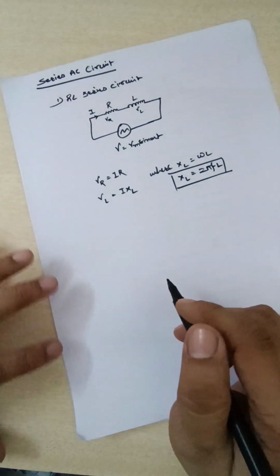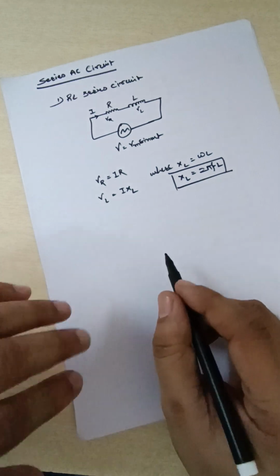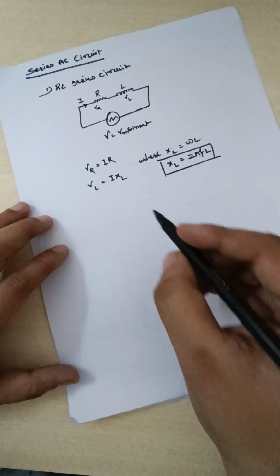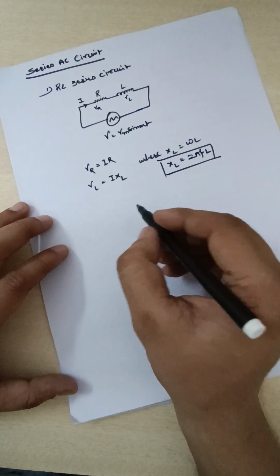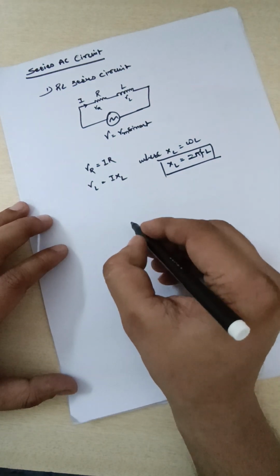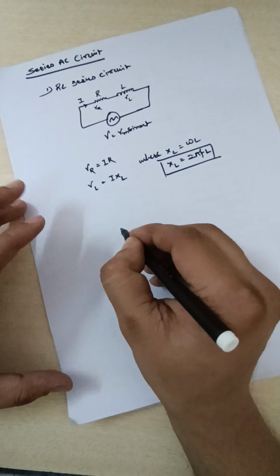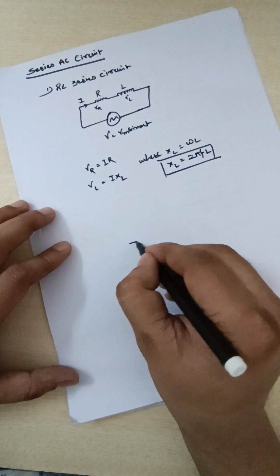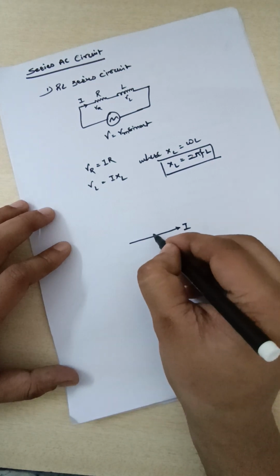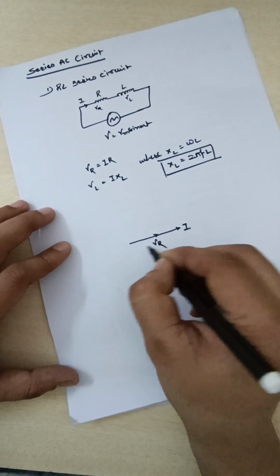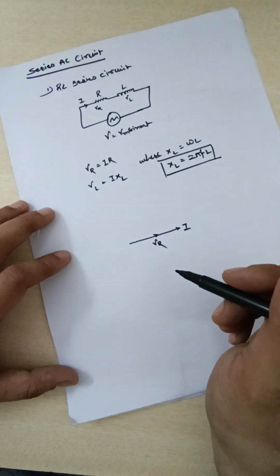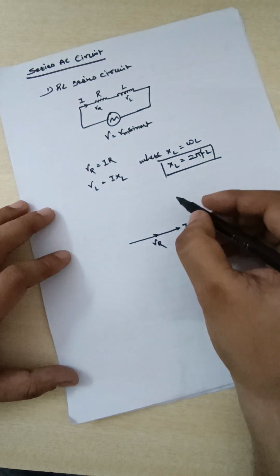Let us draw a phasor diagram for this circuit. As we have learned previously, in case of resistor, the current will be in the same phase as voltage. So in series circuit current will remain same. So I will take current as a reference phasor. This will be the voltage across R in the same phase of current, and the voltage across inductor will be 90 degree ahead of the current.